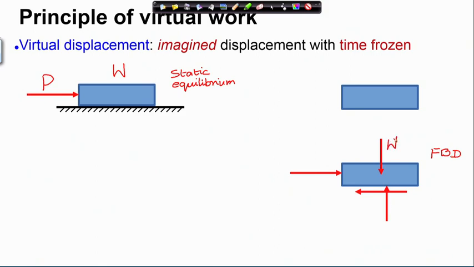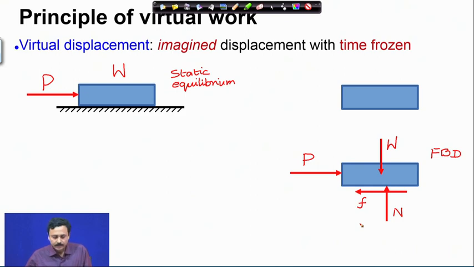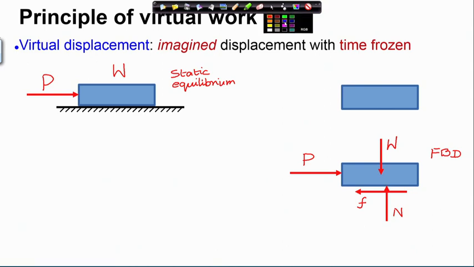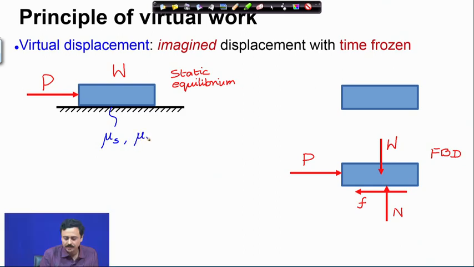You have the weight W, the applied force P, the normal reaction force N from the ground, and the friction force F. Through this example, I would demonstrate what is meant by virtual displacement. Since this surface is rough, we will assume the static friction coefficient and the kinetic friction coefficient, mu s and mu k.